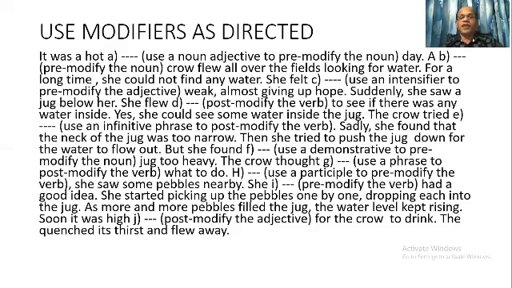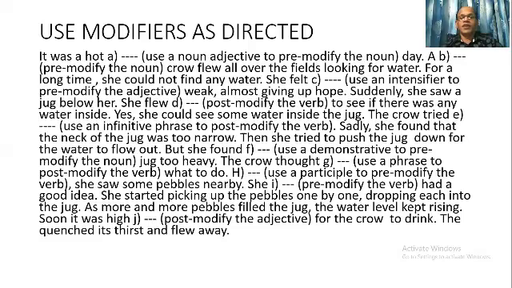C, she felt dash, use an intensifier to pre-modify the adjective. Intensifier is, you see, a kind of adverb. So weak is an adjective. So intensifier may be very weak, extremely weak. So we use very here in the gap C. An adverb, weak, very weak. Suddenly she saw a jug below her. She flew.